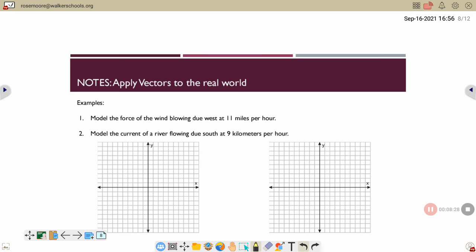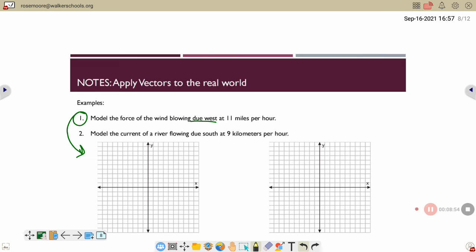My favorite thing to model, because it's easy to model, is wind. I like to model wind because wind acts on its own and we don't have to worry about things like friction or hills. So I'm supposed to model the force, for number 1, of the wind blowing due west at 11 miles per hour. And it has a coordinate plane where I'm supposed to do this.